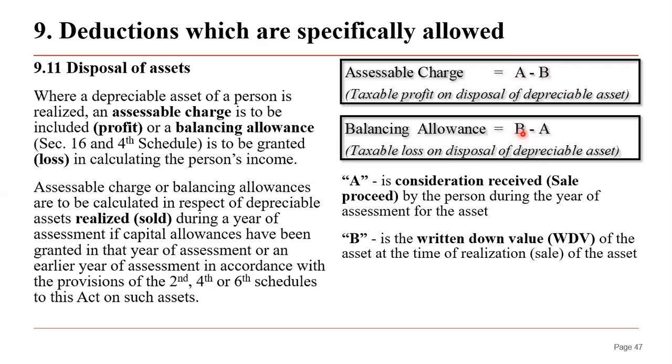For balancing allowance, it is WDV minus sale proceeds. If WDV is higher than the sale proceeds, then there is a loss. You need not change the formula; you can apply the same formula and word it properly, whether it is an assessable charge or a balancing allowance, right?